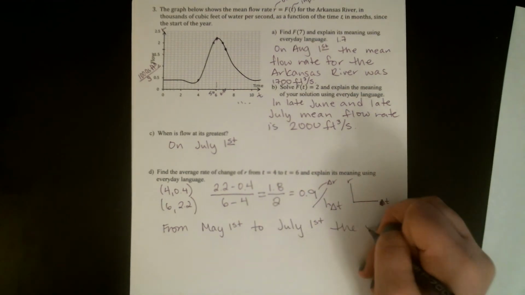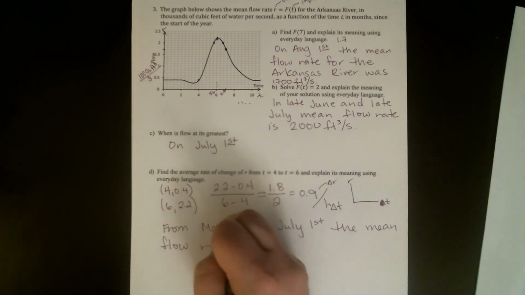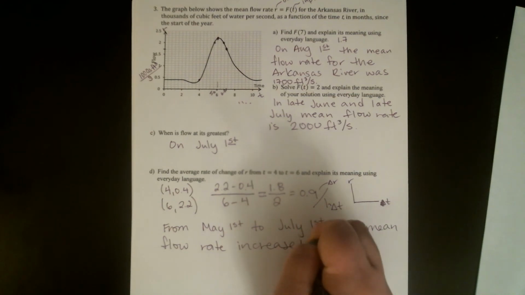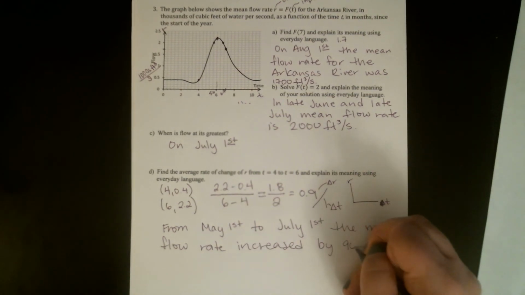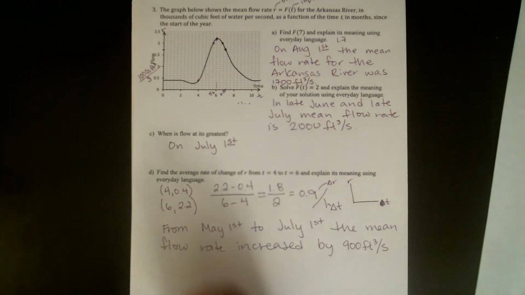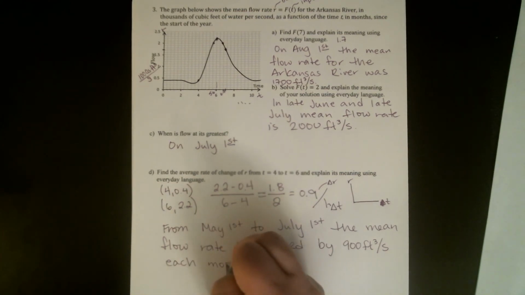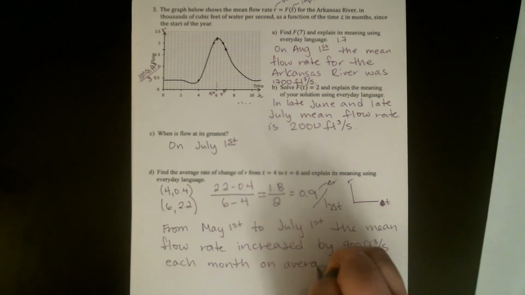the mean flow rate increased by 0.9 thousand. Let's make that 900 cubic feet per second each month on average.